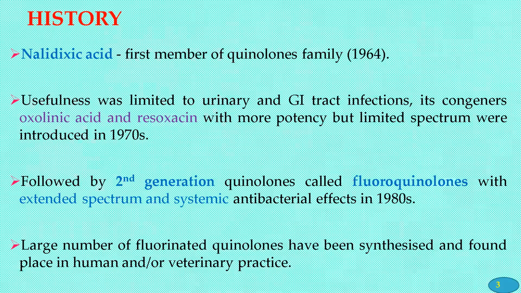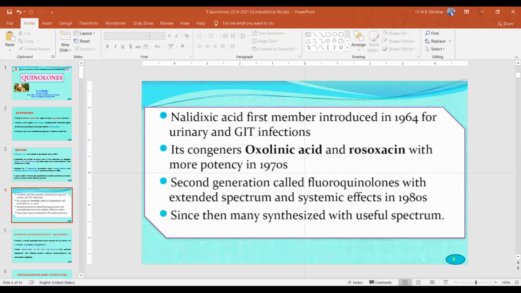So just about 30 years have passed since the introduction of the second generation quinolones. A large number of fluorinated quinolones have been synthesized and found a place in both the human and the veterinary market.